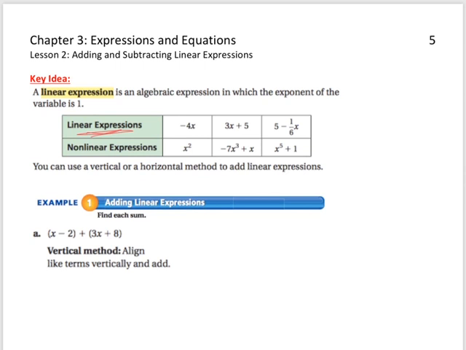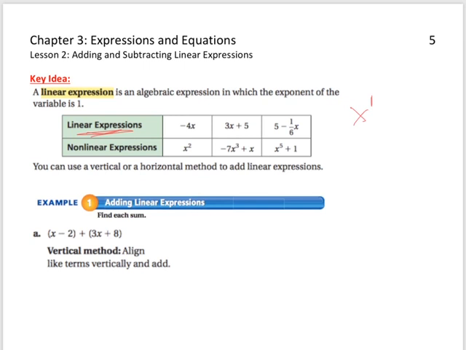So we can say the exponent of that variable is 1, because if you guys remember when we talked about variables, if we have our base of x, the variable, and say we have our exponent of 1, which is what this definition is telling us, this exponent would be telling us to multiply our base of x by how many times the exponent tells us to, which is actually 1.